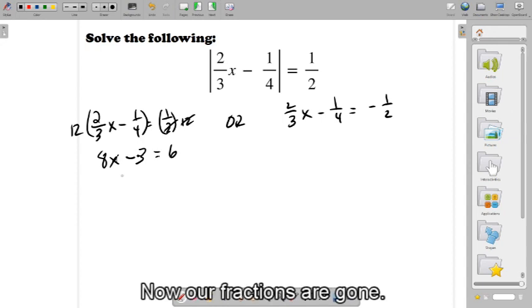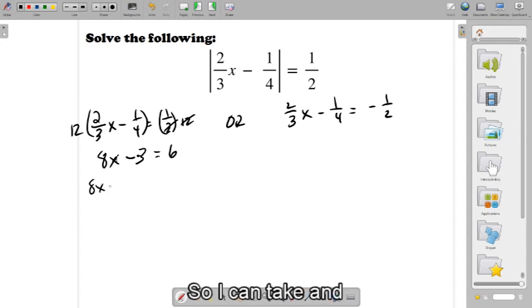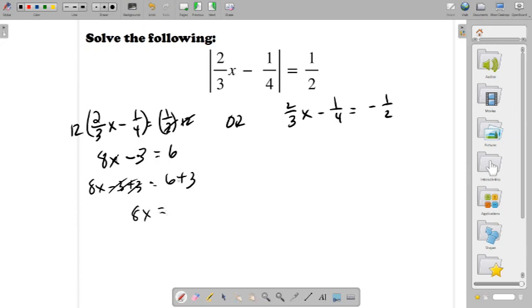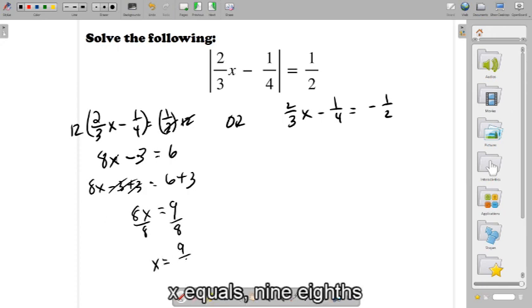Now our fractions are gone, so I can add 3. 8x equals 9. Divide by 8. X equals 9/8. Or if you need to change that, 1 and 1/8.